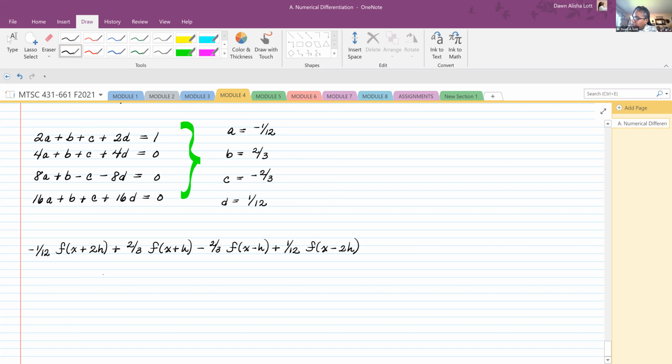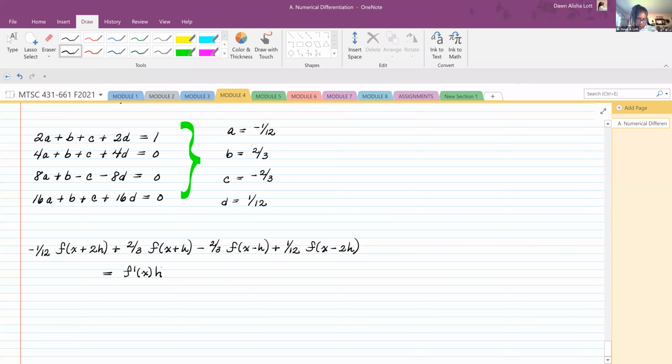And on the right-hand side, the coefficient of the f of x disappears. The coefficient of the f prime is 1. So I just get f prime of x times h.